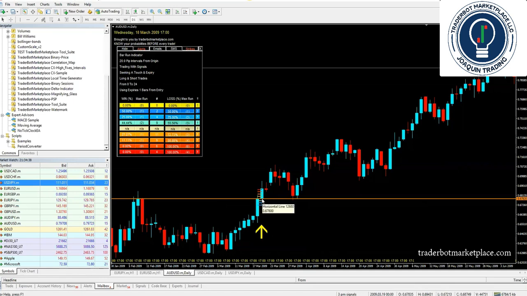Now the signals come out at the open of the bar, the ones that I'm looking at. So how often does it pull back and then turn right around and go up to quote unquote expire at the ATM area, which is at the money within the time frame given? Right now, I'm just looking at 1 day.